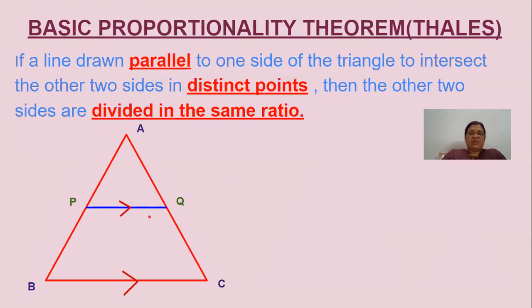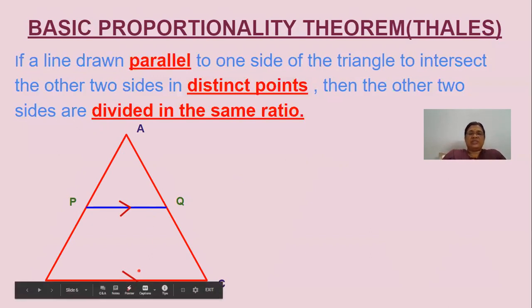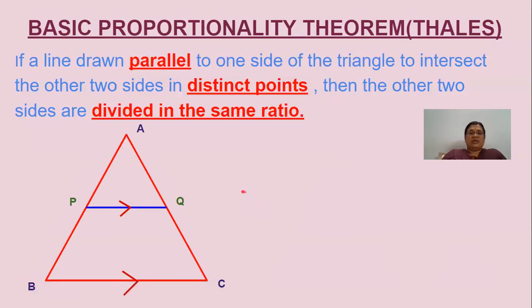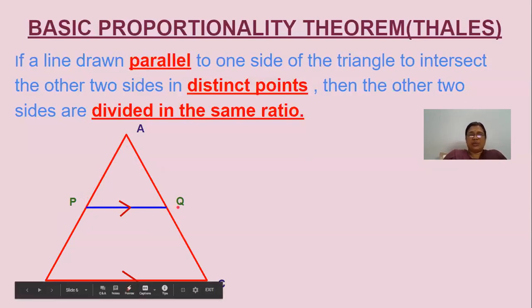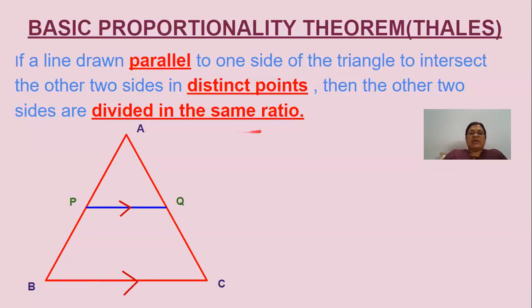See here, PQ is parallel to BC, and this parallel line will intersect the other two sides. The other two sides, here AB and AC, at two distinct points. Distinct points means different points. See here, on AB the point is P, on AC the point is Q. At these two distinct points, the other two sides are divided in the same ratio. That means this side and this side are divided in the same ratio.